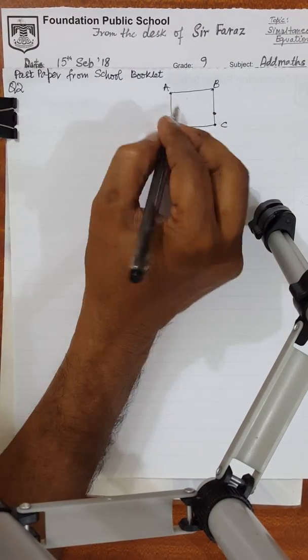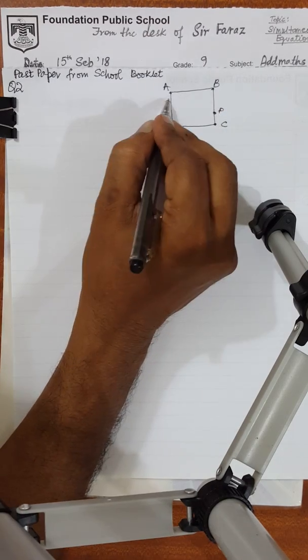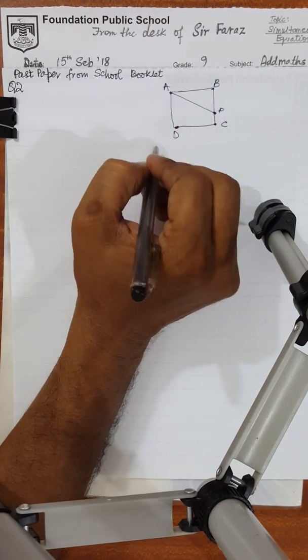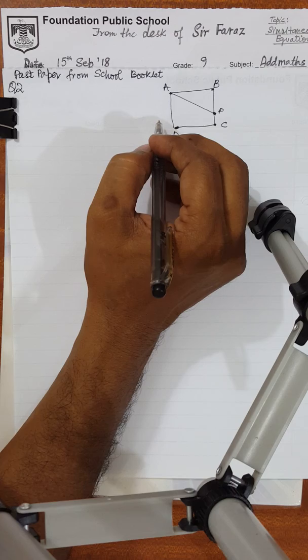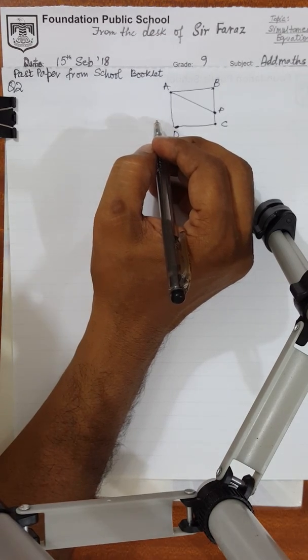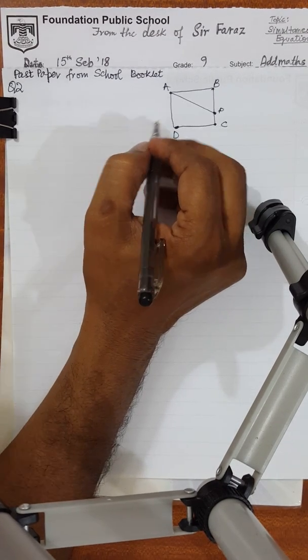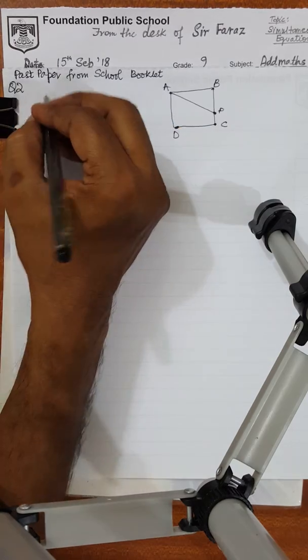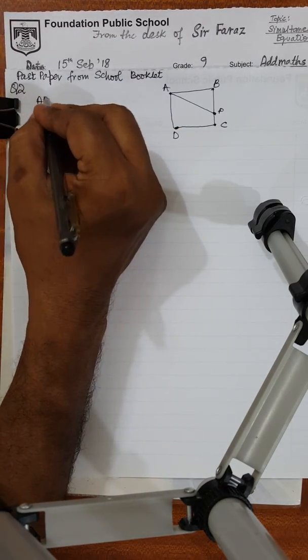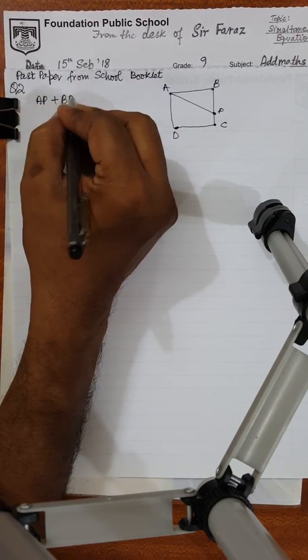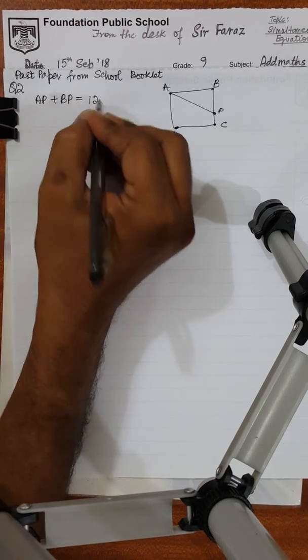So here it is, point P. Let's join this. Furthermore, this says that the lengths AP and BP equal 12. So AP plus BP equals 12.